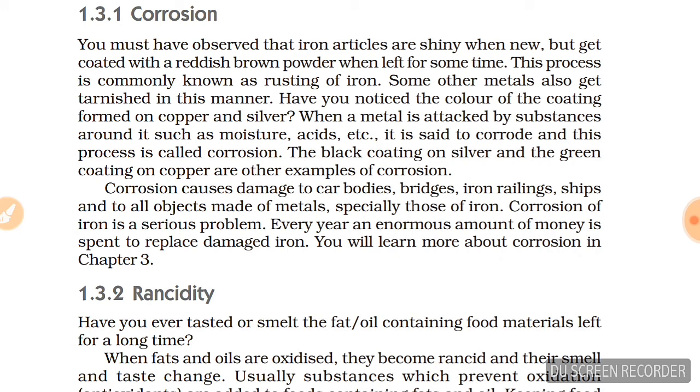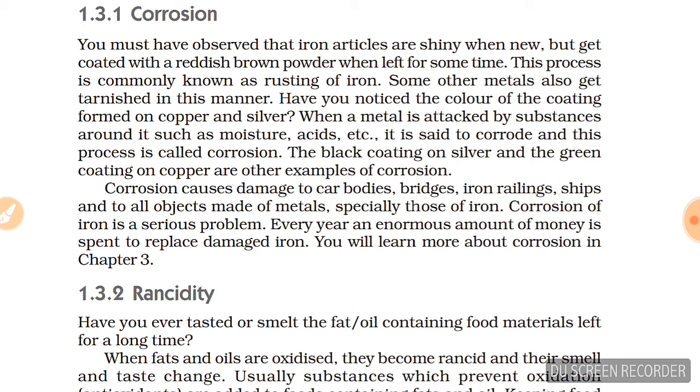A layer has been formed on the top of it. Corrosion means rusting; a layer is formed, of brown, dark brown color, and that process is known as corrosion, and that substance is said to be a corroded substance.